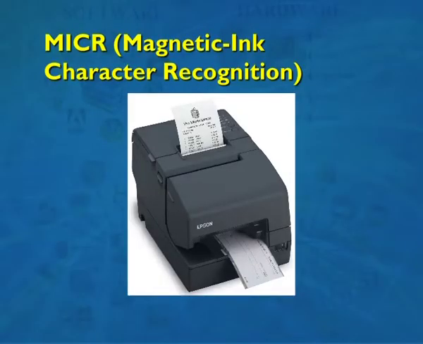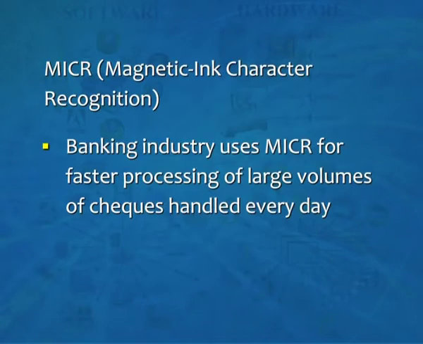MICR, that is magnetic ink character recognition. The banking industry uses MICR for faster processing of large volumes of checks handled every day. When a customer presents a filled in check at a bank, the employee enters or keys in the information supplied by the customer manually, including the amount written on the check.